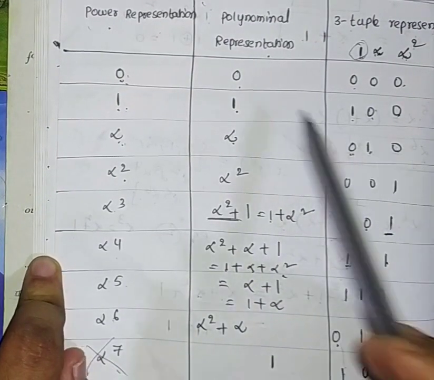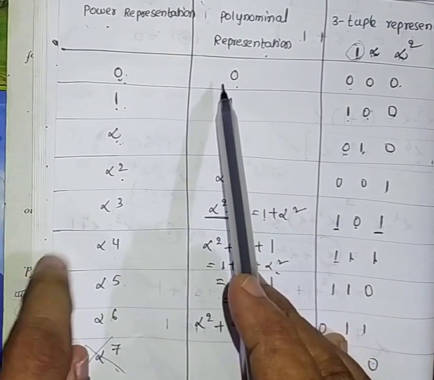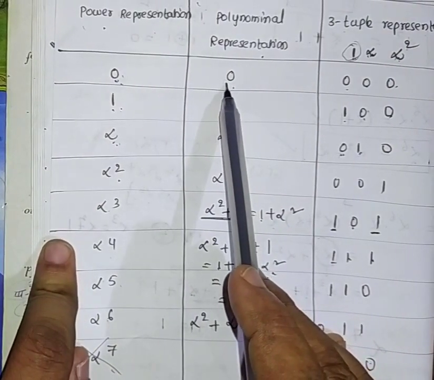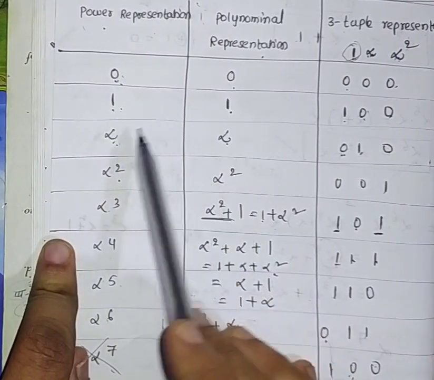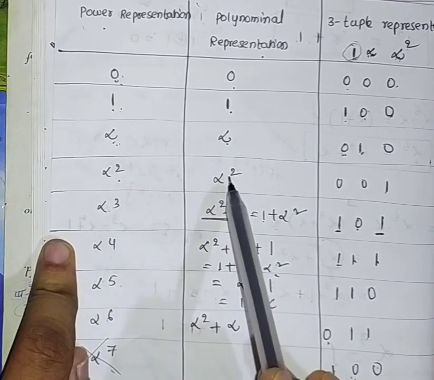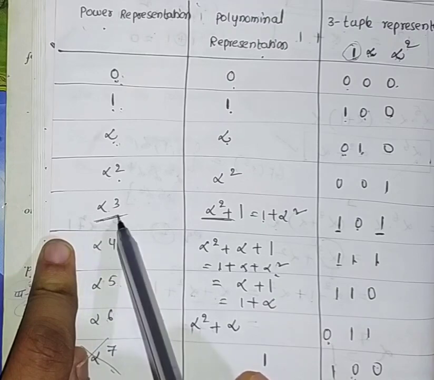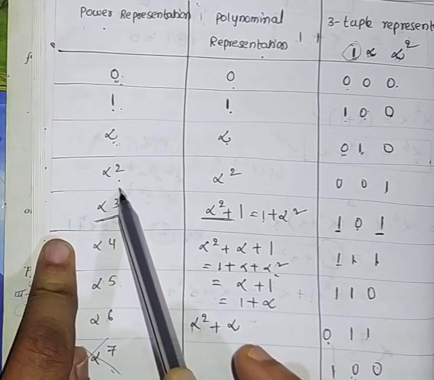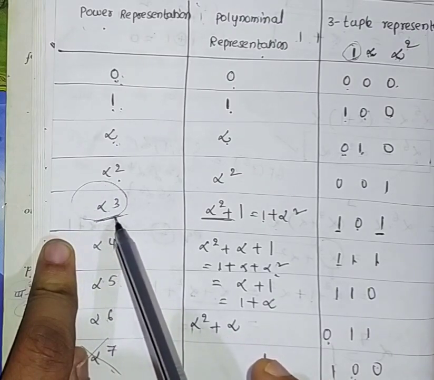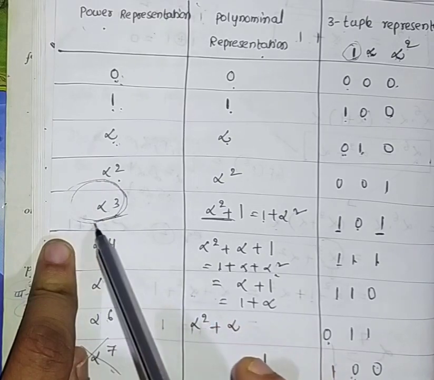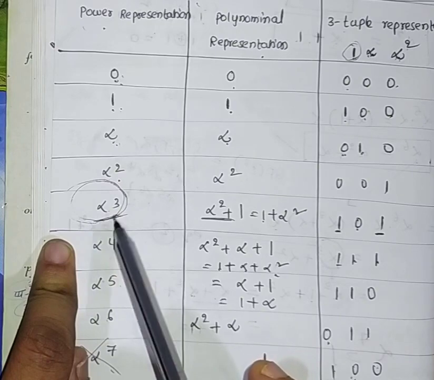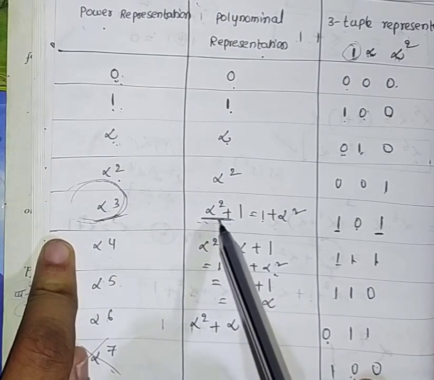Right? So now the polynomial representation: let us consider 0, and for 1, alpha, alpha square. What is the polynomial representation for the element alpha power 3? It is an element of the Galois field GF of 2 power 3. And what is the value of this particular element? The value of this particular element is alpha square.